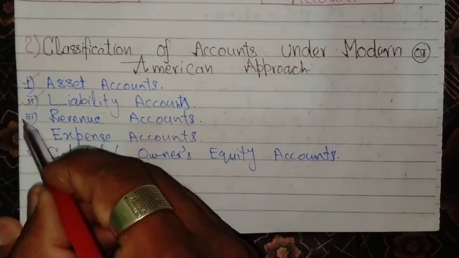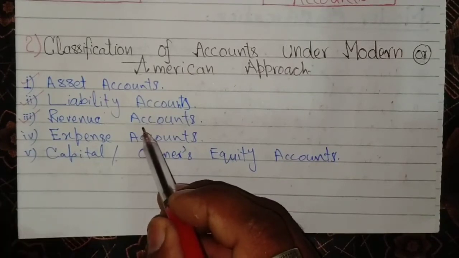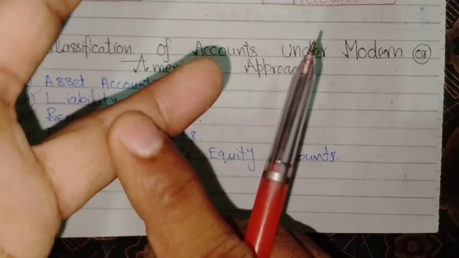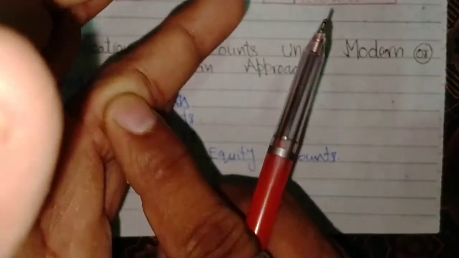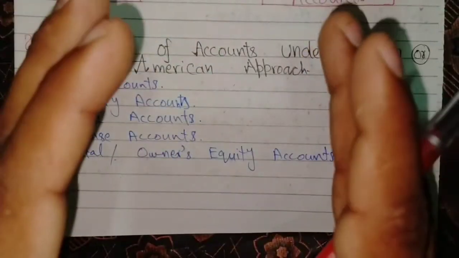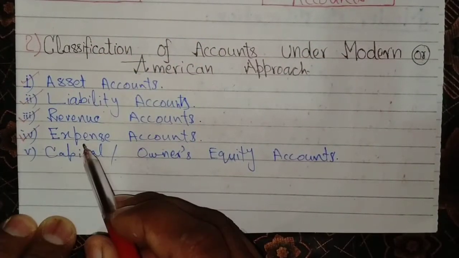Next is revenue accounts. Examples are sales account, service revenue account, rent revenue account, interest revenue account, and other types of revenue will fall in revenue accounts. Next is expense account.